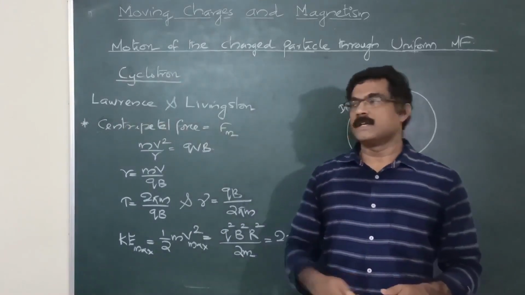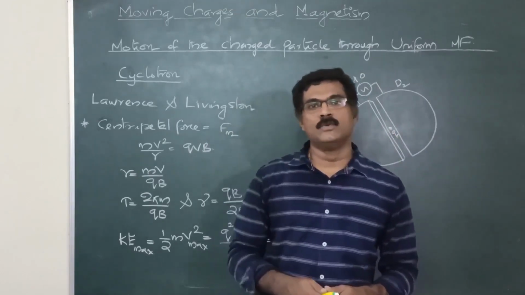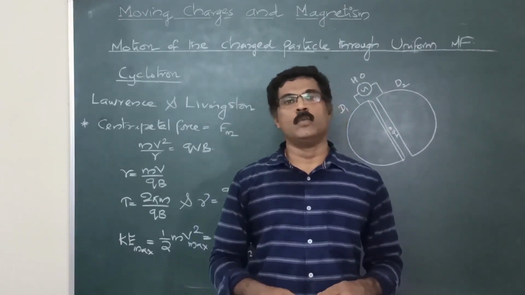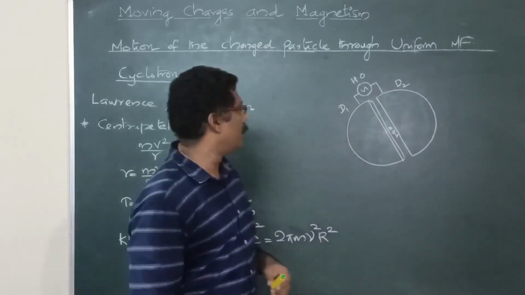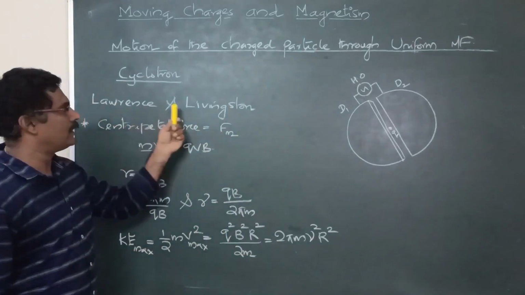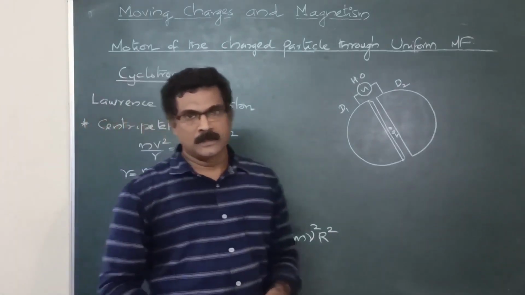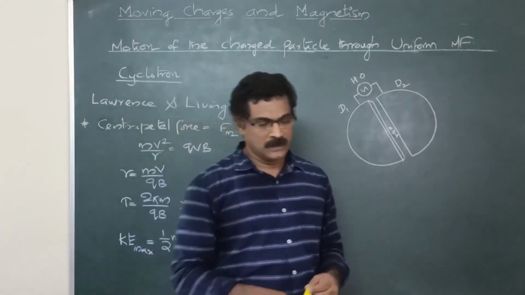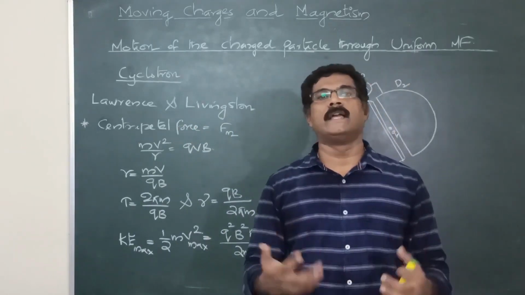Next point is cyclotron. Cyclotron is a device used to accelerate positively charged particles to very high energy. Okay, it was first developed by Lawrence and Livingston. What is the principle of the cyclotron? By using a cyclotron, you can accelerate the charge to very high energy.